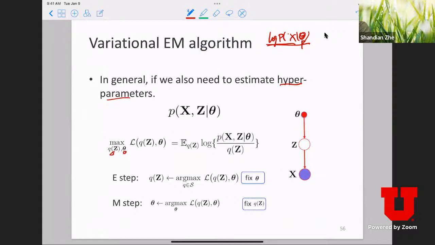In the E step, we fix theta and maximize the evidence lower bound with respect to Q. We get the optimal approximate posterior under the current setting of the hyperparameters theta. In the M step, we fix the current variational posterior Q of Z and maximize the ELBO with respect to theta. You do this alternating update until convergence or the maximum number of iterations is reached.